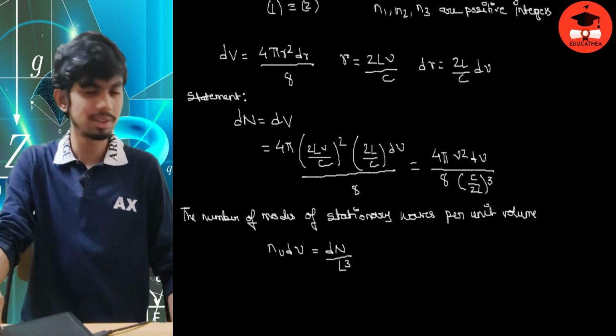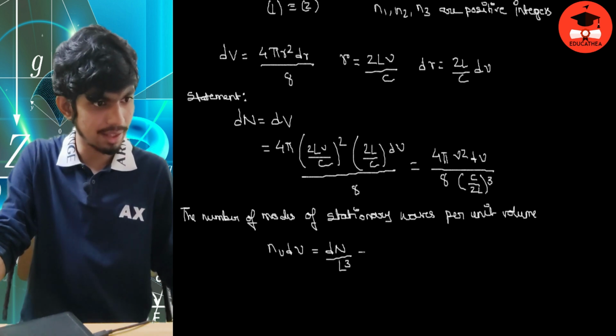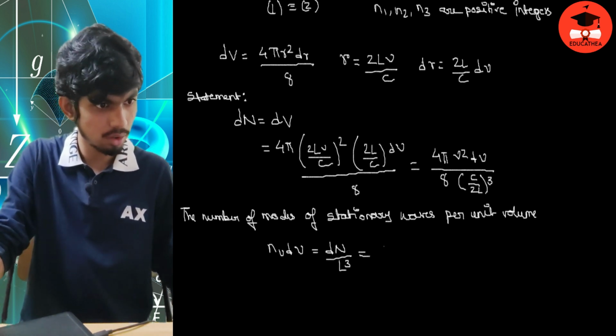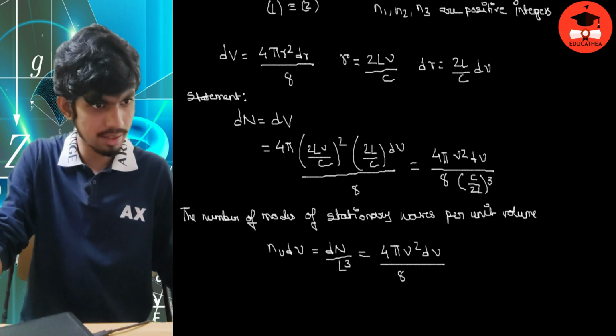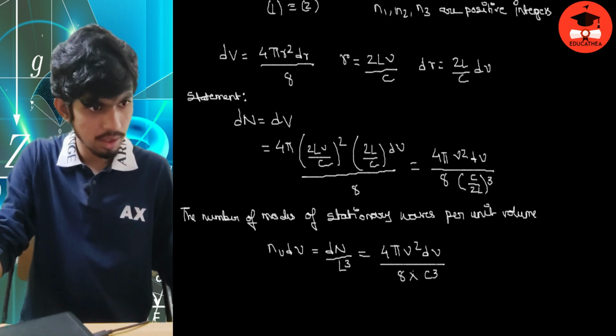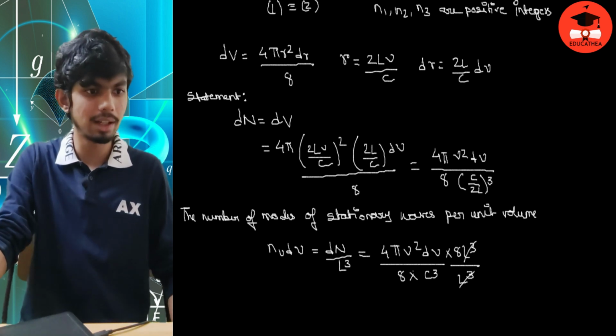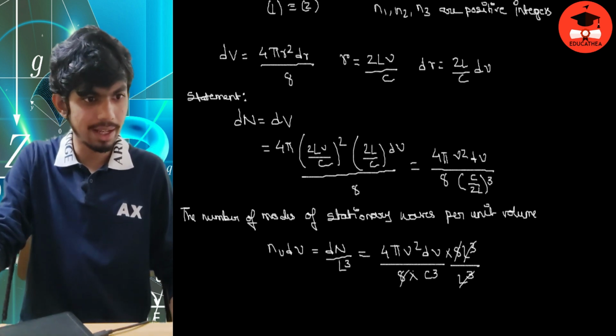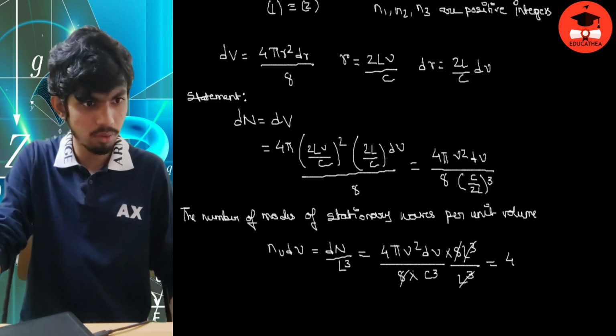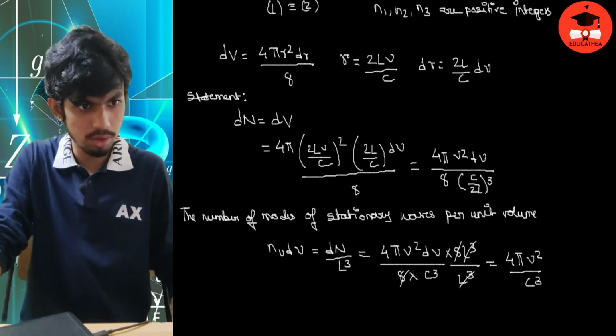This was the definition of number density, and that will be nothing but 4 pi nu square d nu by 8 into c cube into 8 L cube divided by L cube. So L cube and L cube will get cancelled out, 8 and 8 will get cancelled out. So you will have 4 pi nu square by c cube into d nu.